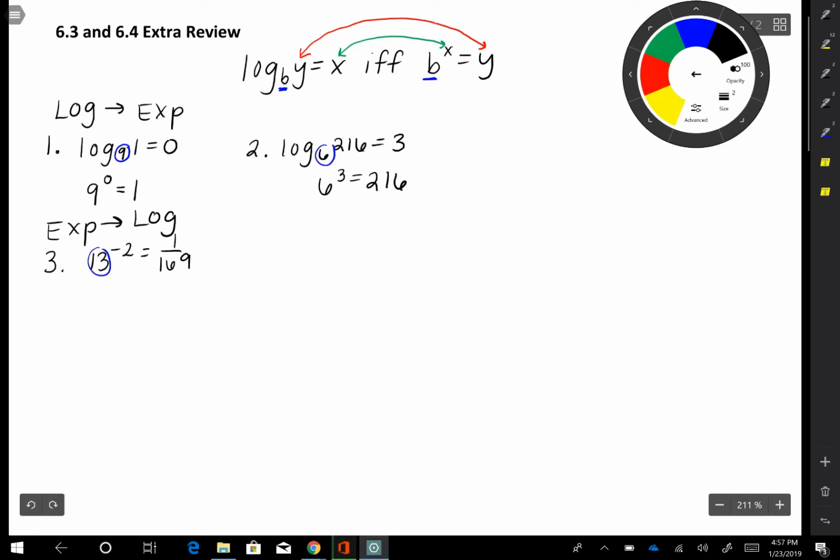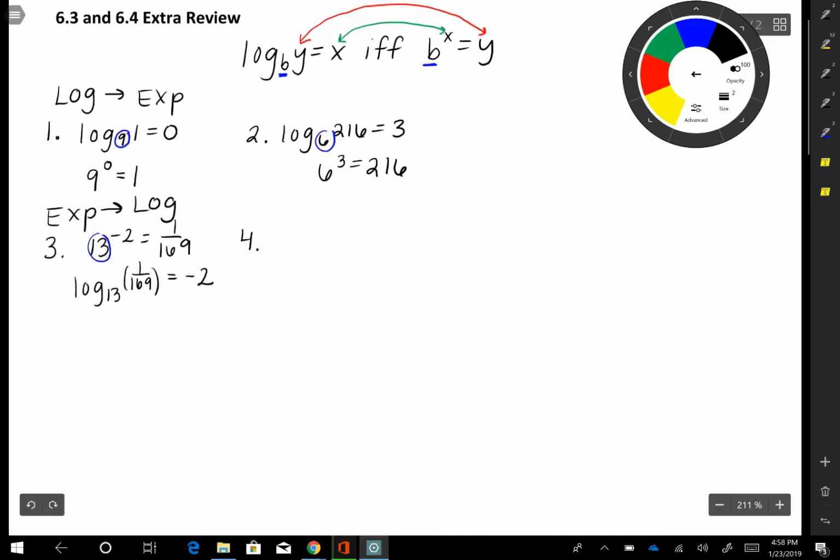So I write log base 13, and I bring in that 1 over 169, and my output becomes negative 2. Trying another, I will have 4 to the 3 halves equals 8. So now my base is 4. So I write log base 4 of 8 equals 3 halves.